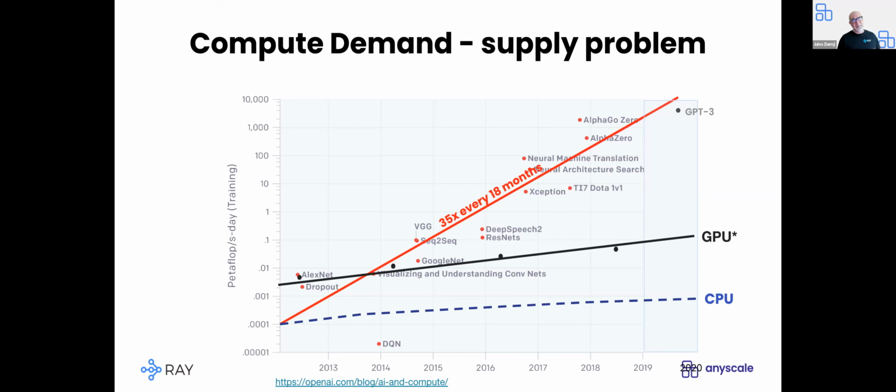So there is this compute demand-supply problem, where the demand is so high that the current infrastructure cannot keep up, even though we have accelerators, right? You hear about GPUs, NVIDIA GPUs, and other GPUs and TPUs. They address part of the problem, but they still have to be scaled out. So there is still a gap.